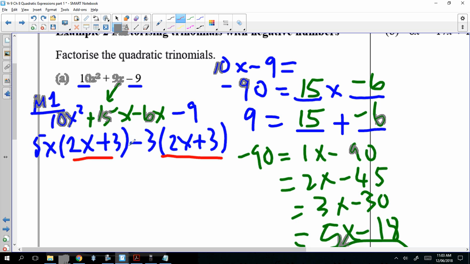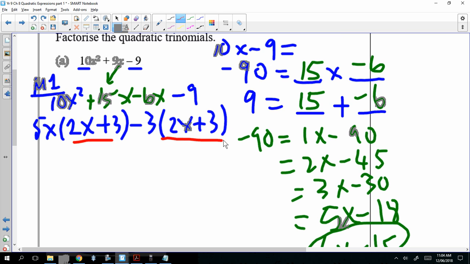Now 2x plus 3 is common, and you write down the leftovers. What's left over? 5x minus 3. That's your final answer. That's method 1.